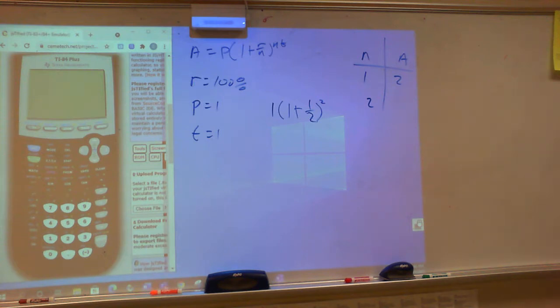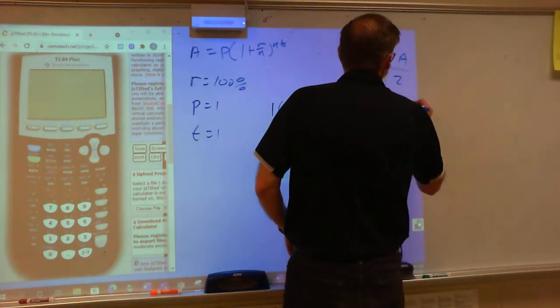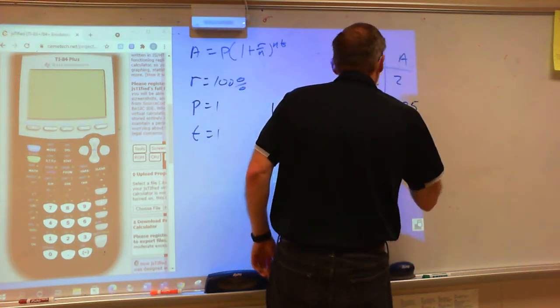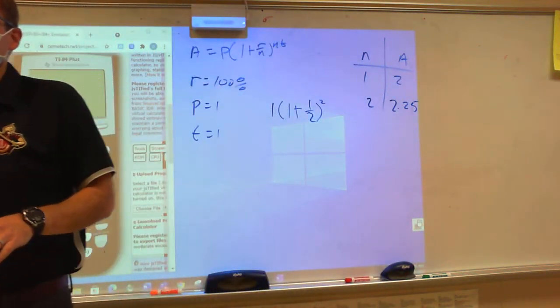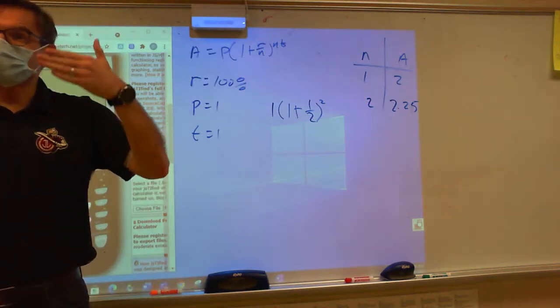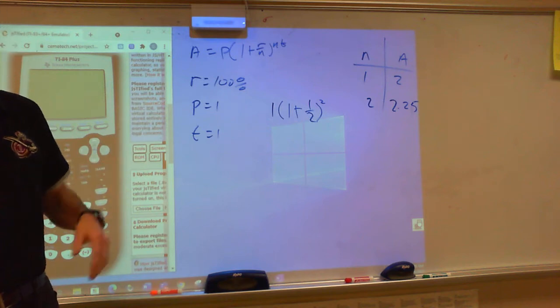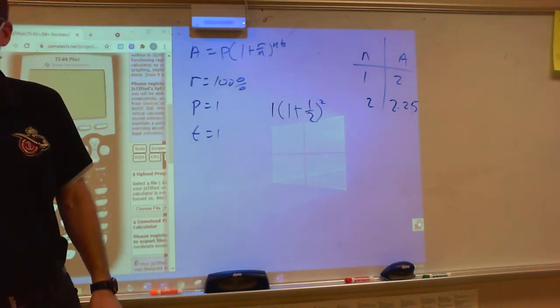You get $2.25. More money. Why not 4? Remember yesterday, the more times you compound, the more money you get, right? So if we compound twice, we're at $2.25.